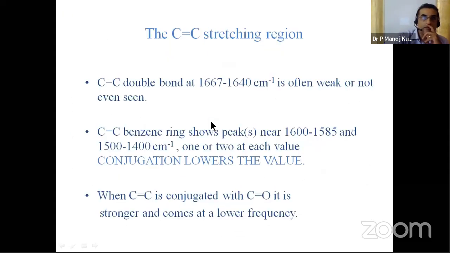Okay, we come to the slide. You see 1650 lies between the two. What is the maximum value it can have? The C double bond C, 1667. What is the minimum value? It is 1640. You can see that.